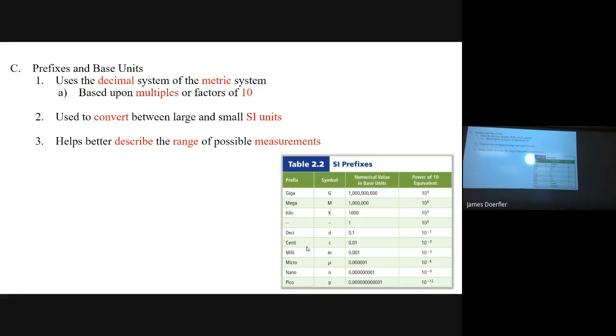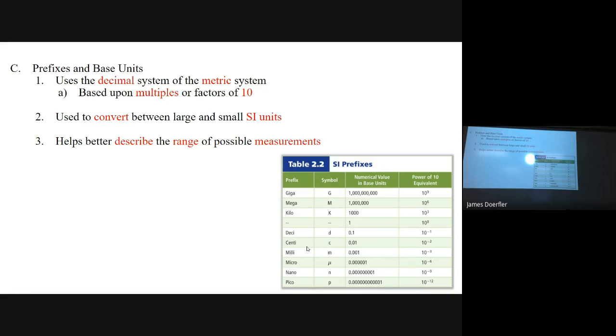Those of you who do have the packet have a breakdown of all of these prefixes. Anyway, prefixes and the base units. We use decimal systems with the metric system. It's based upon multiples or factors of 10, and it's used to convert between large and small SI units. This will help better describe the range of possible measurements.